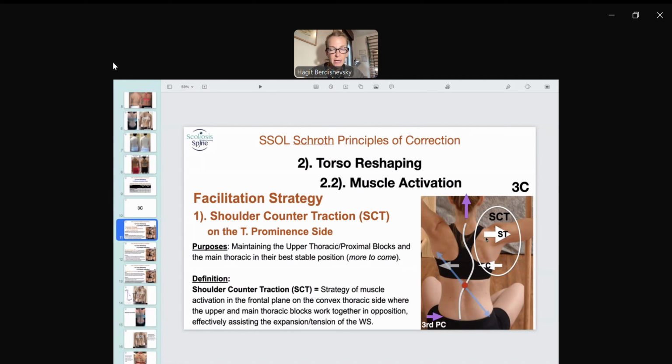So there are actually two reasons or two compensations that we are going to see that we need this on the right side.